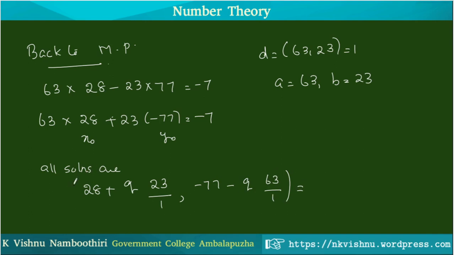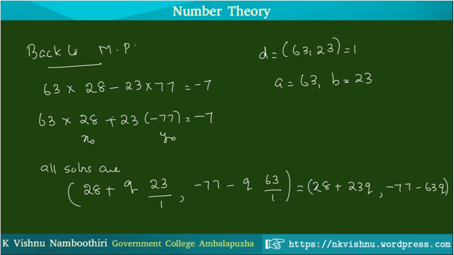Therefore this is equal to 28 plus 23q and minus 77 minus 63q.